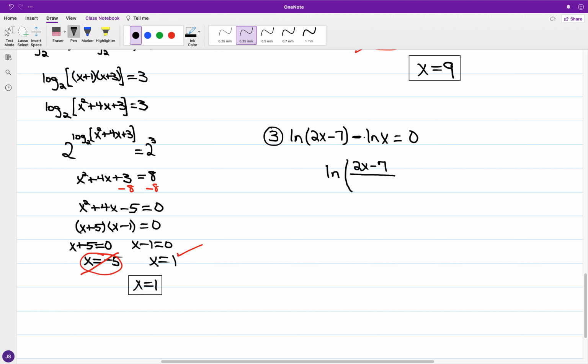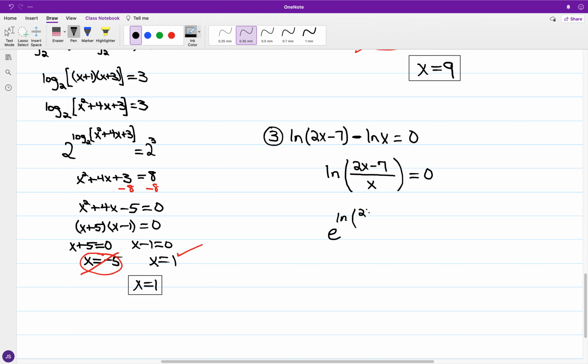In this case, we have minus the natural logarithm of x, so x is going to go on the bottom. We have this equal to 0, and a natural logarithm is a base e logarithm, so we can take care of both sides by treating these as powers to which the base e is going to be raised.